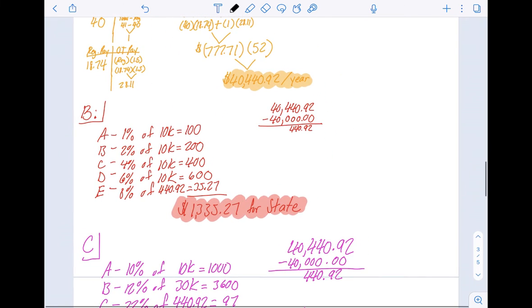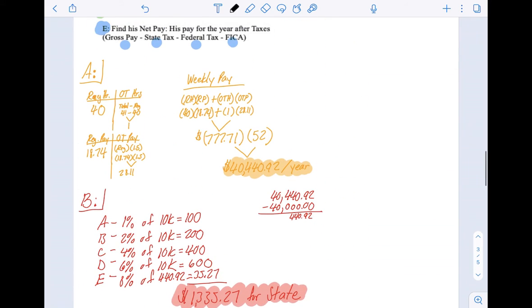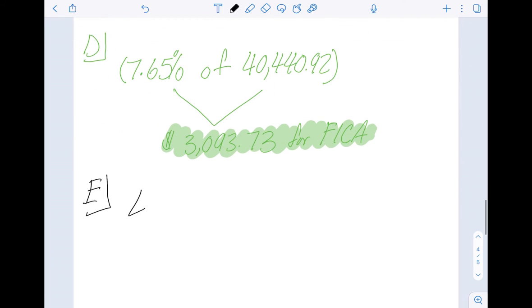So let's go E over here. So I'm going to take orange, 40,440.92.